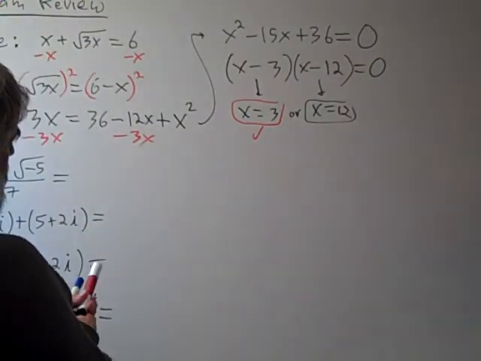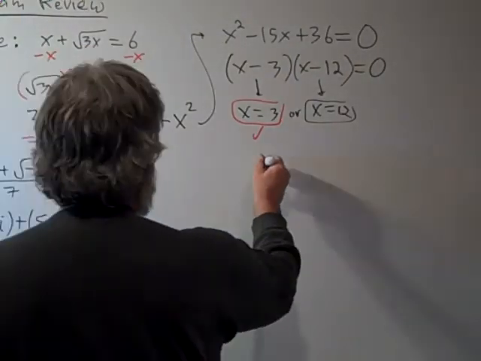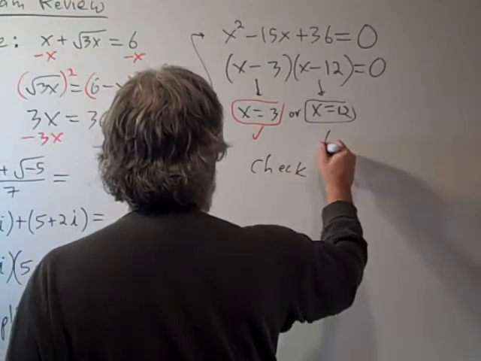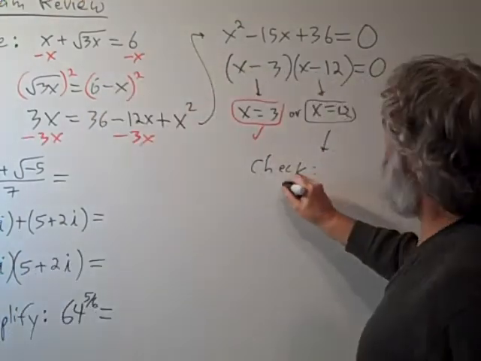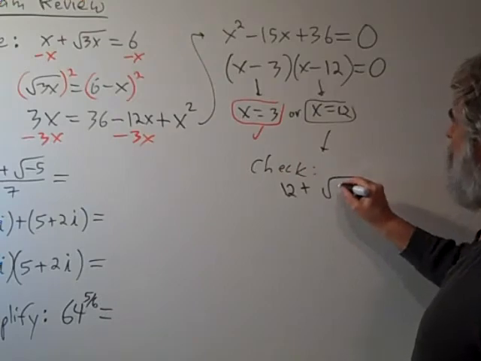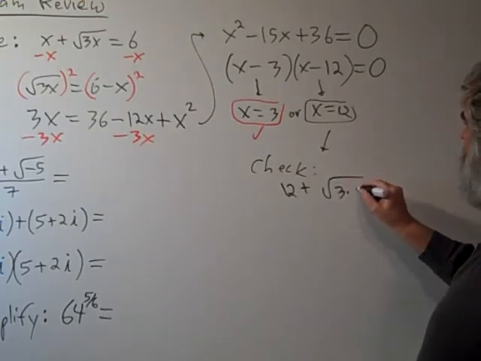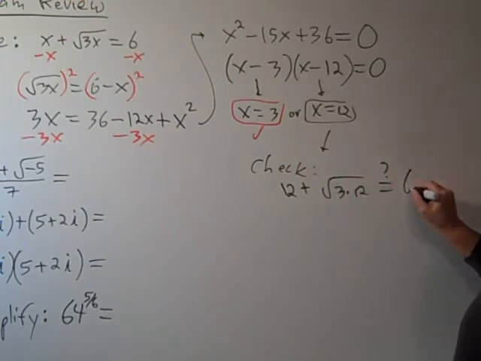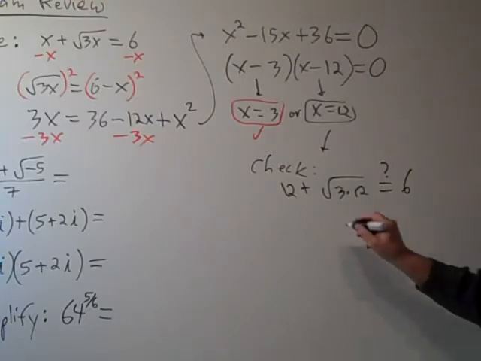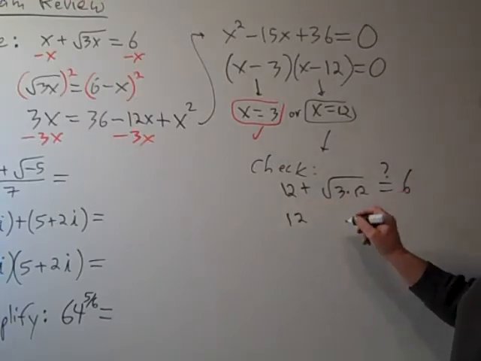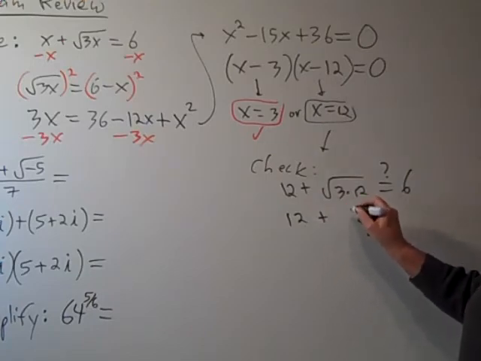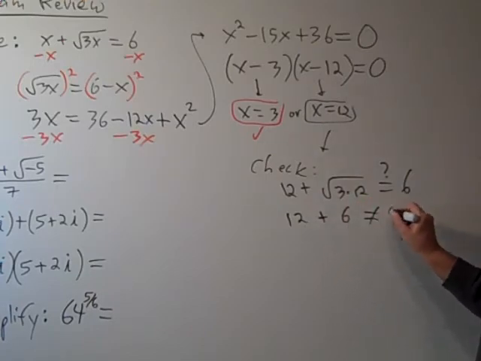Let's take a look in detail here, this one, to check. So it's 12 plus the square root of 3 times 12 equal to 6. That doesn't seem very likely, does it? It's impossible. In fact, this is 36, so 6 does not equal 6.